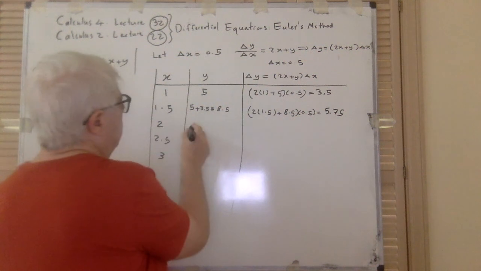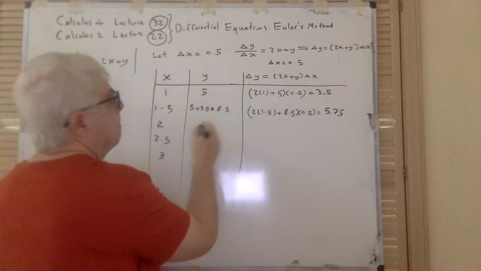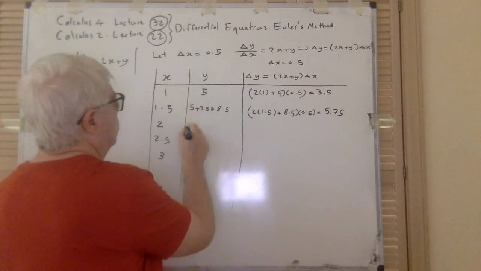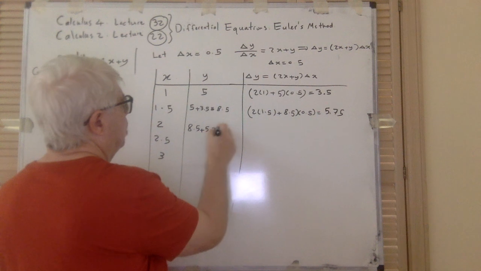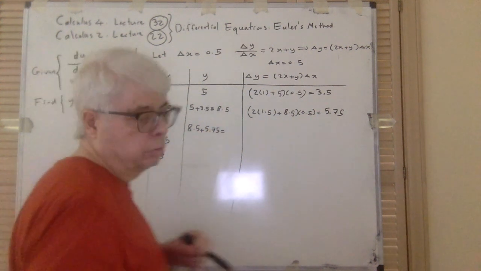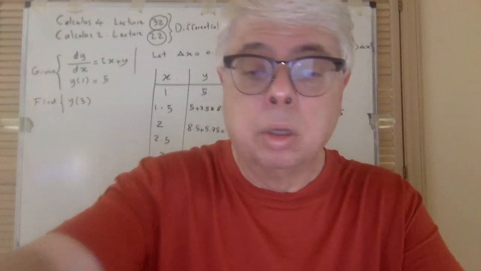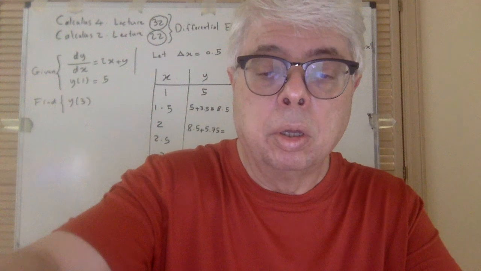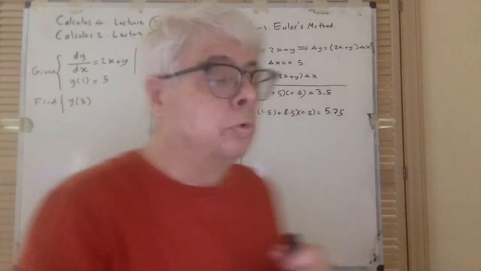So here I have 8.5 plus 5.75, and that is 14.25.